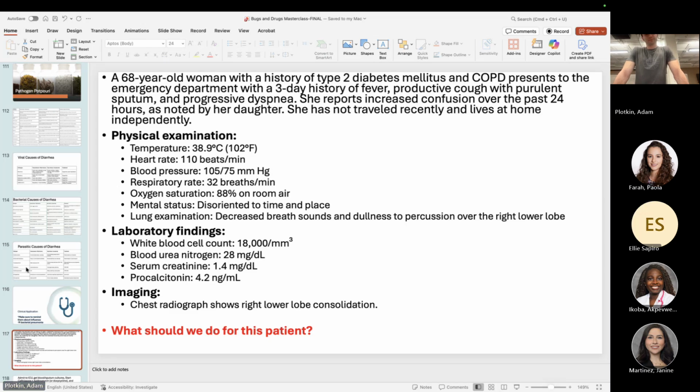Okay, so after we do airway. If we're admitting her. Do we need to order any other tests?